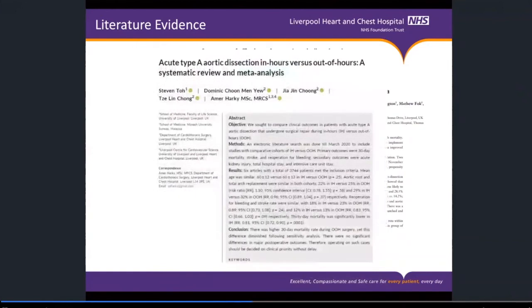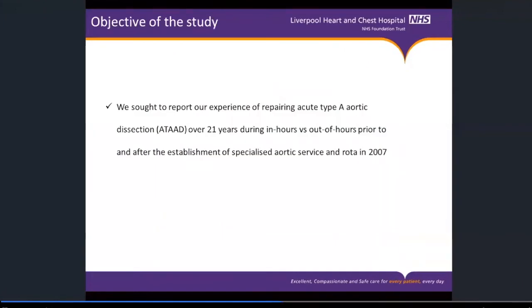Finally, our recent meta-analysis shows that outcomes in such a high-risk cohort do not differ when it's operated on clinical emergency basis. In our study, we sought to report our experience before and after the establishment of the dissection rota, comparing the clinical outcomes.